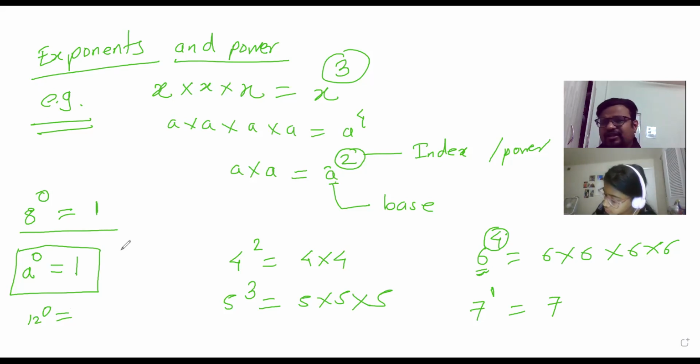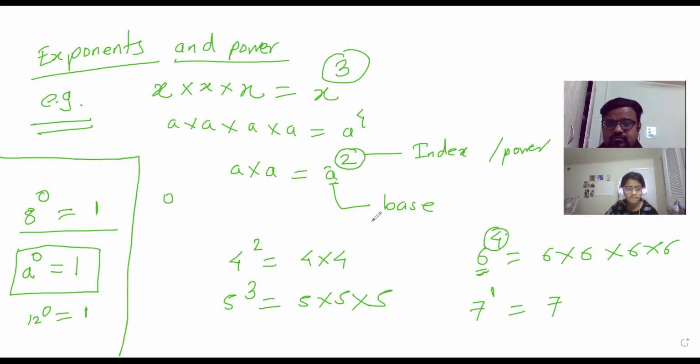Then the answer is 0, because 0 multiplied 8 times means 0 will be there. So anything raised to 0 is always 1. Like here, 12 raised to 0 is 1, a raised to 0 is 1, 8 raised to 0 is 1, like that.